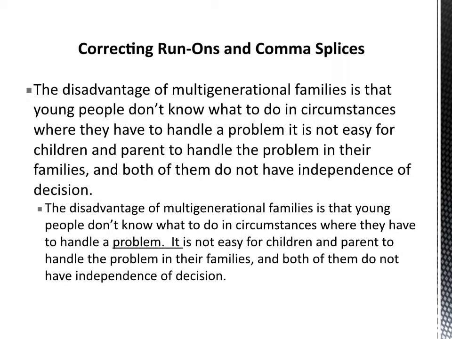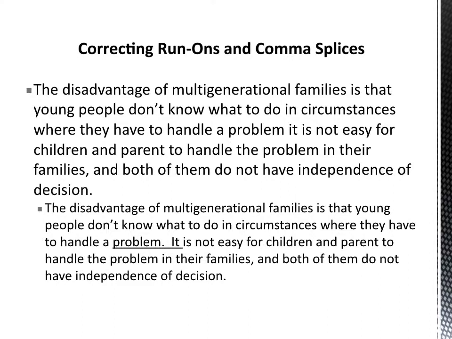So here, the disadvantage of multi-generational families is, so there's one independent clause, and then that young people don't know what to do in circumstances. I've got a noun clause, then another adjective clause where they have to handle a problem. So that's okay to have those two dependent clauses, the noun clause and the adjective clause. They're connected to the first independent clause.